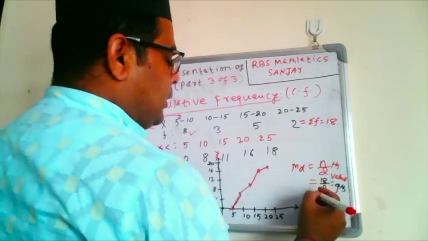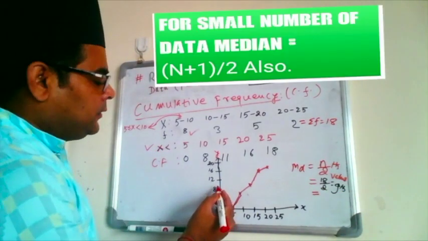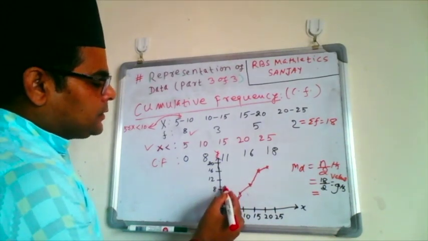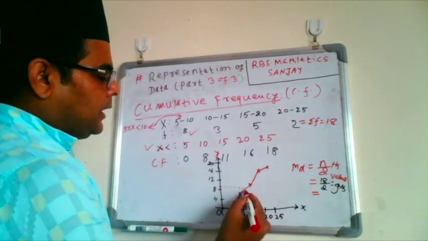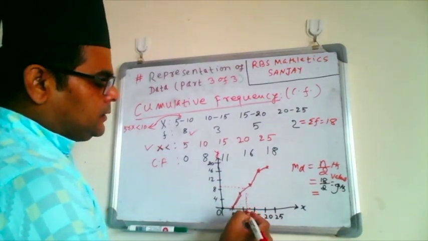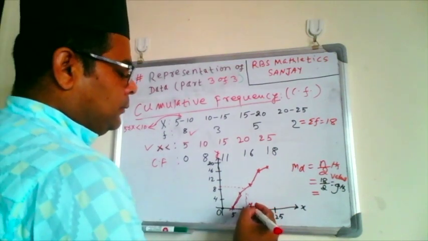How can you get this 9th value? So you go along the y-axis in the CF and then find 9, so it is somewhere about this point. Just draw the line like this, and when you drop a line vertically, that is perpendicular to the x-axis, and read off this value, that value will give you the value of the median.